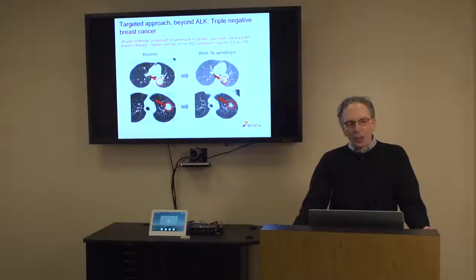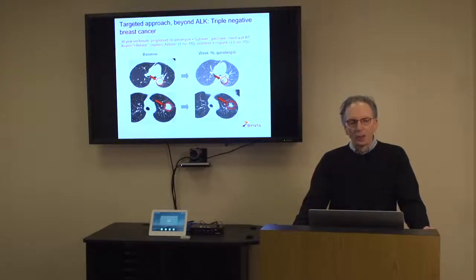Lastly, this slide represents a targeted approach beyond ALK, and again, this is triple-negative breast cancer, which I previously showed you a few slides ago, is aggressively related to high expression of HSP90.